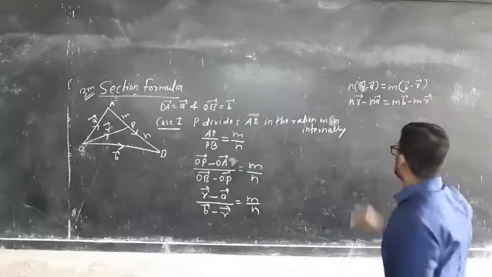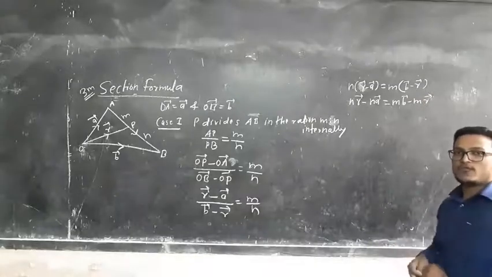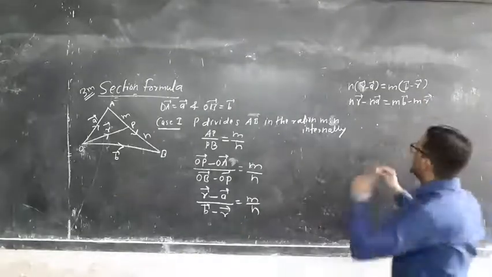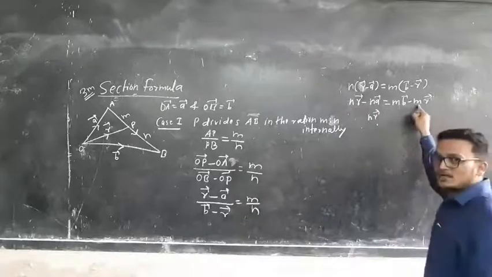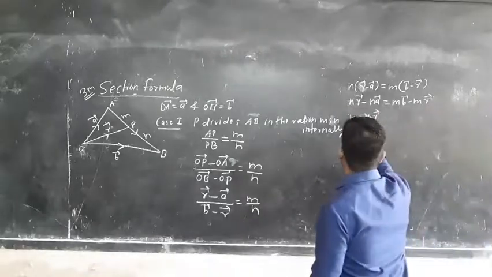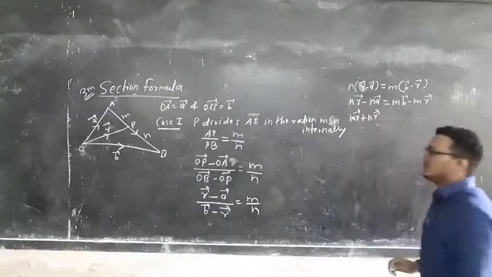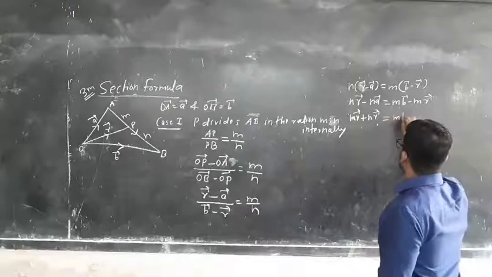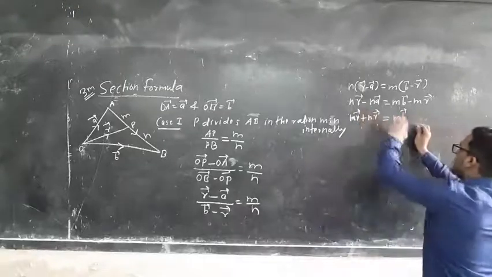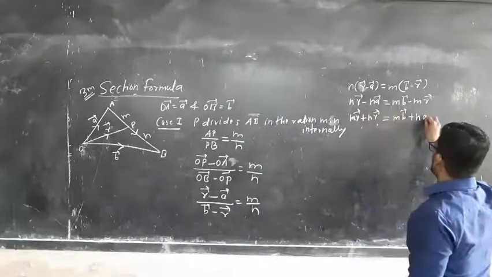Now collect the vector R terms on one side. Already nR is there, and minus mR transferred to this side becomes plus mR, which equals mB as it is, minus nA transferred here becomes plus nA.